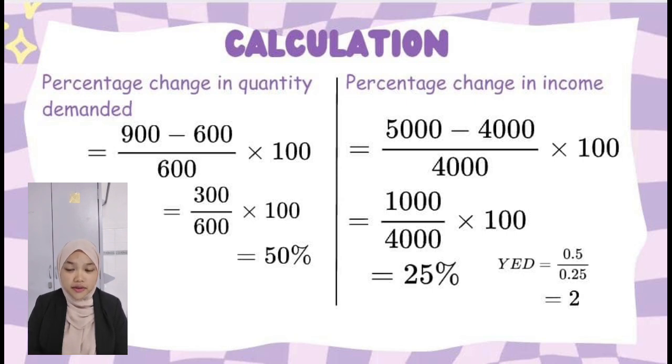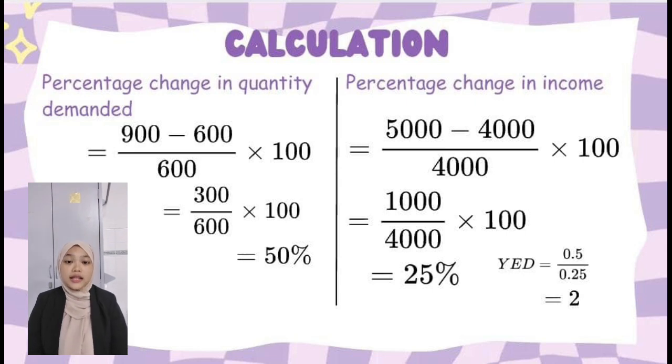900 minus 600, and we got 300. Then we need to divide by 600 and times 100, so we got 50%. Okay, so the second step, percentage change in income. 5,000, we need to minus 4,000, then we got 1,000. 1,000, we need to divide by 4,000 and then times 100, and we got 25%.